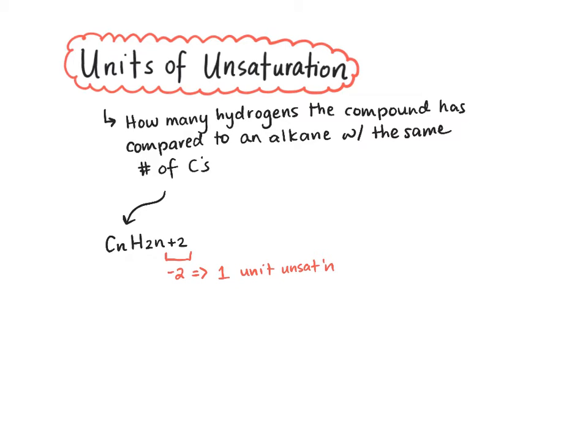1 unit of unsaturation is either going to be a double bond or a ring. Now if we remove 4 hydrogens, that would be 2 units of unsaturation.